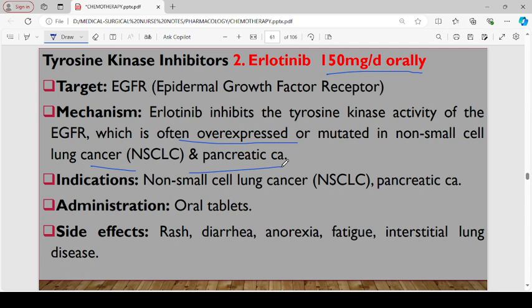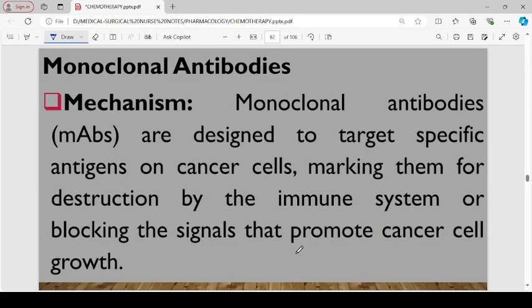So this drug is indicated for non-small cell lung cancer and pancreatic cancer. It comes as oral tablets, and there are side effects associated with this drug.